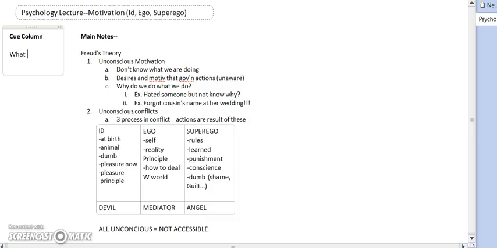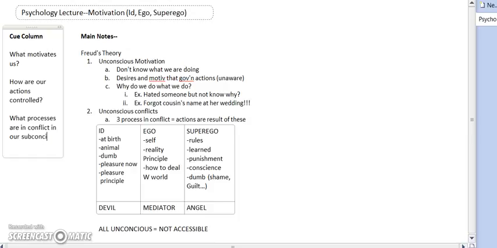So what motivates us? How are our actions controlled? What processes are in conflict in our subconscious?